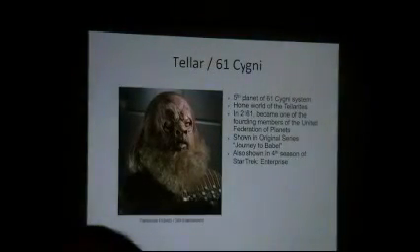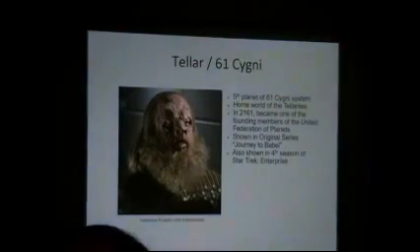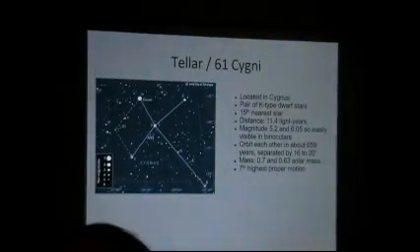The Tellurites are apparently from the fifth planet around a star called 61 Cygni. They're one of the founding members of the United Federation of Planets, along with, I think, the Vulcans, the Andorians and Earth. So where is the star?